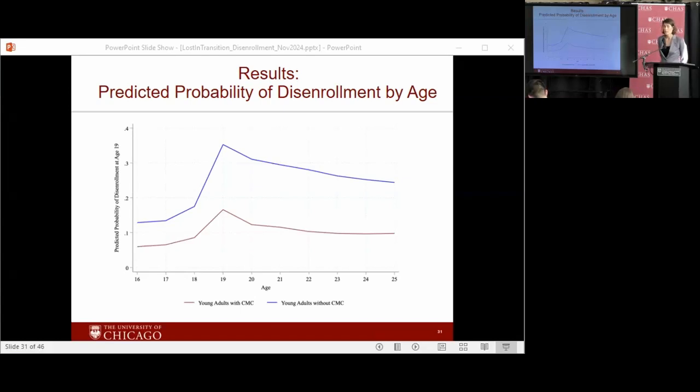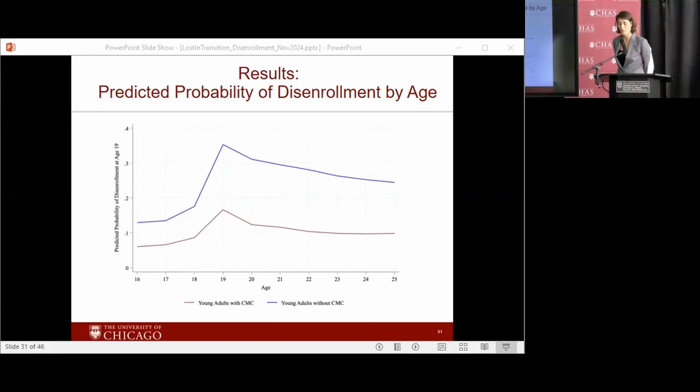The blue line is the non-complex population, and the red line is the complex population. So as we can see in the general prevalence, people who do not have a complex medical condition have a much higher probability of disenrollment, but there's still the same patterns in the complex population.